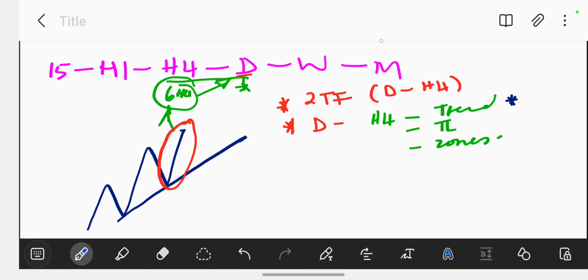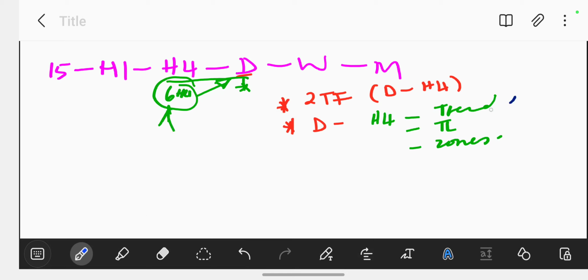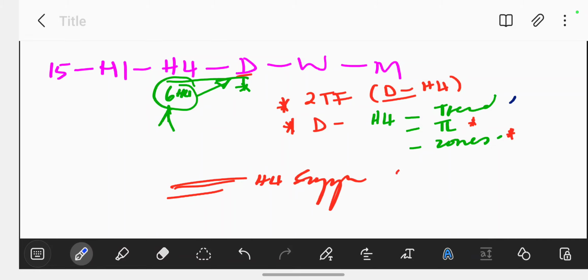So you do your analysis and then you conclude that H4 is going up. You need to put the trend line and then mark your zones. So for as long as daily is still pointing up and my H4 is pointing up, if I identify H4 support, I'm more than welcome to buy from it, for as long as the H4 trend line is not broken.